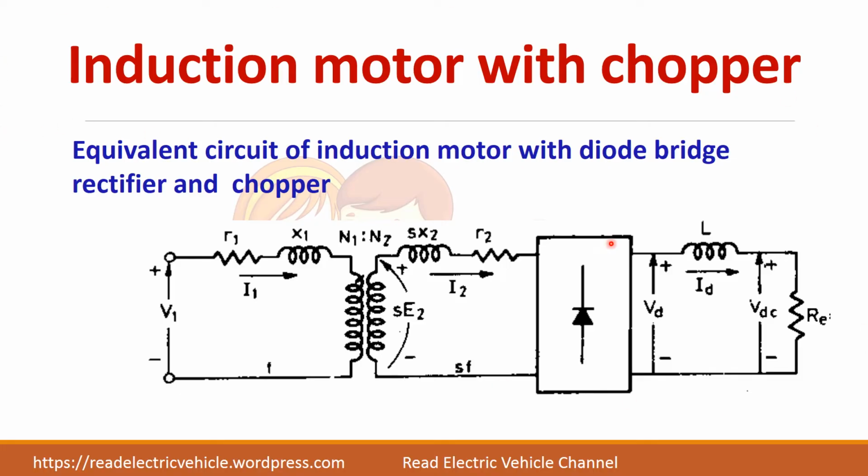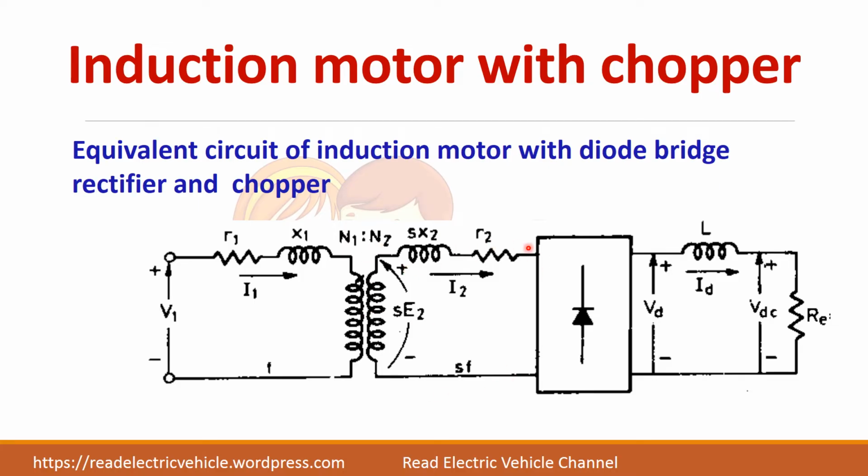Now we have included a chopper or power electronic converter into the rotor circuit. So the equivalent circuit will change when you use power electronic converters in the rotor side. So let us see how this equivalent circuit is getting changed because of these connections. So stator side remains same, only rotor side we have connected.